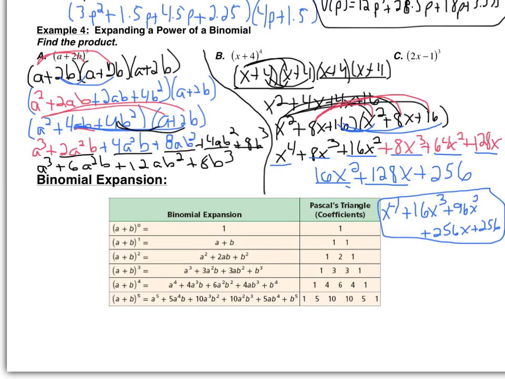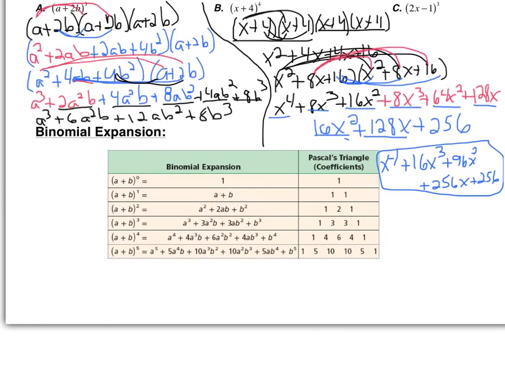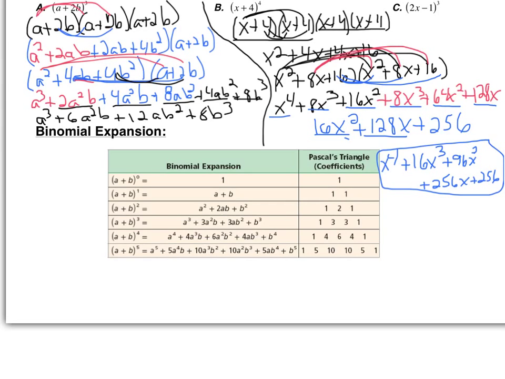In our last example, C, just move this up a little bit. Letter C, we have 2x minus 1 times 2x minus 1 times 2x minus 1 because it's cubed. So let's FOIL the first one and the second one together.